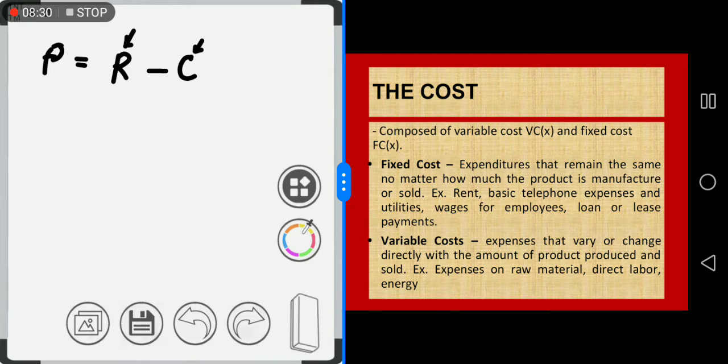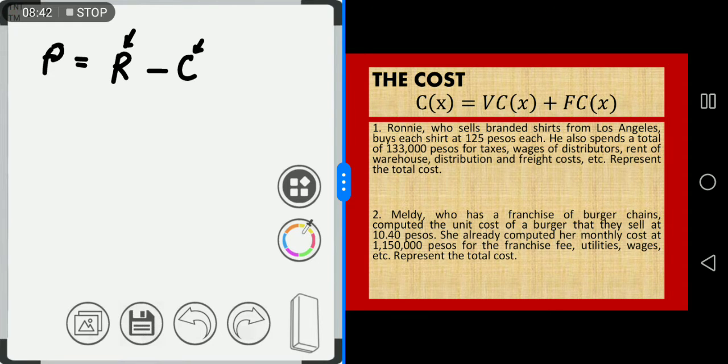But since one of the two will have a variable, we will just write it in a form of polynomial. So, for example, ito, kaduktong ng kwento ni Ronnie. Ronnie, who sells branded shirts from Los Angeles, buys each shirt at 125 pesos each.